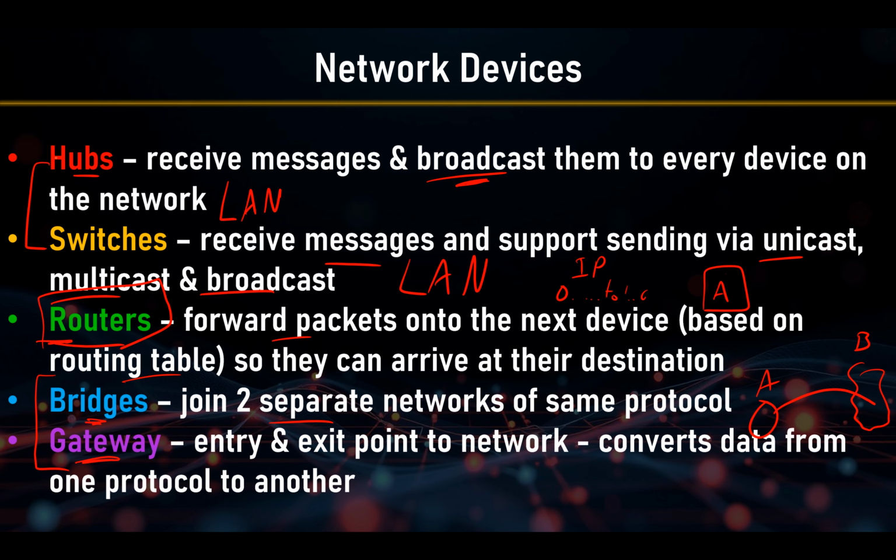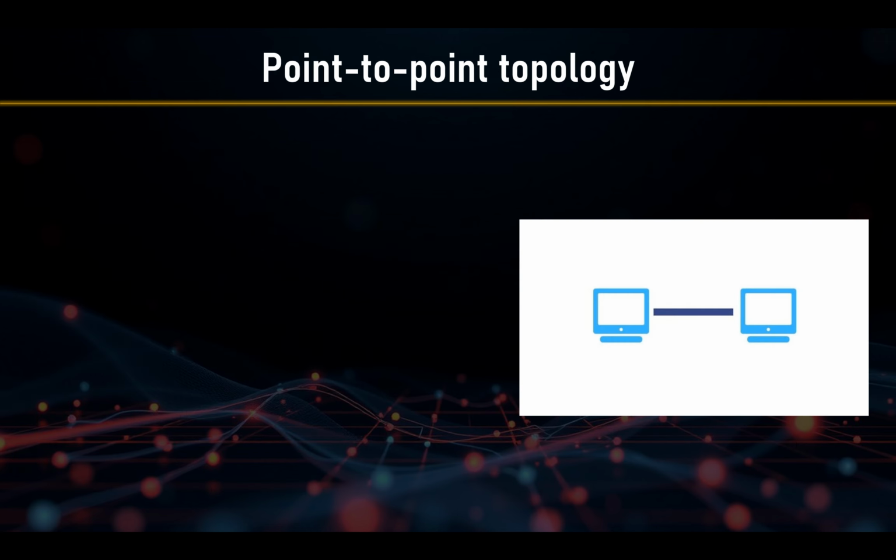So I think that's why a lot of people get confused about these things. In day-to-day life, people's experience is that a router actually does all of this stuff as well. But if you're talking technically, you would call these different devices.